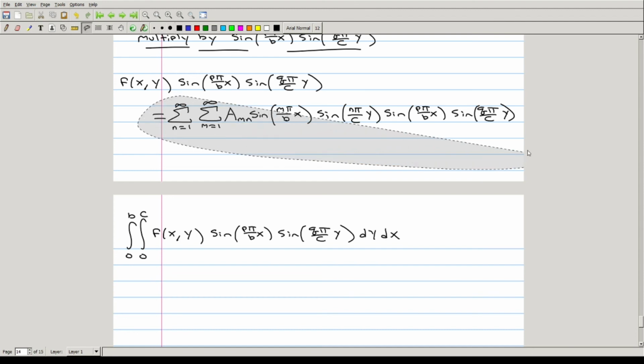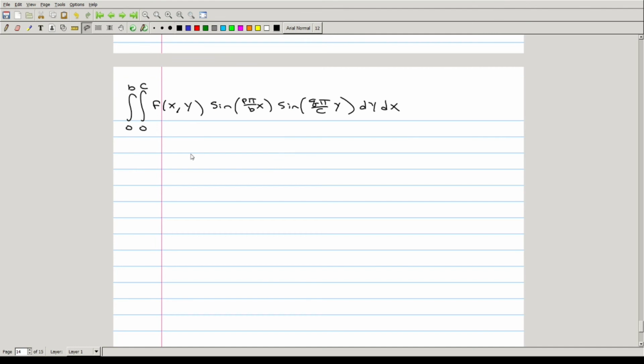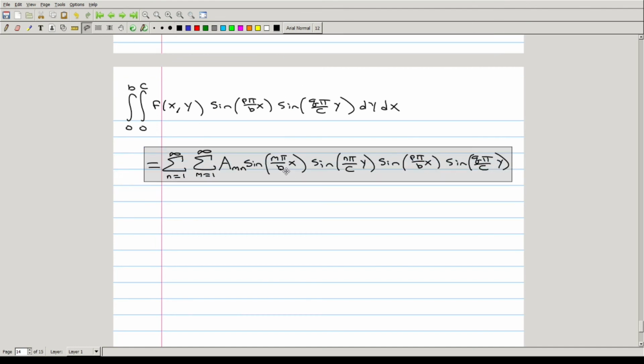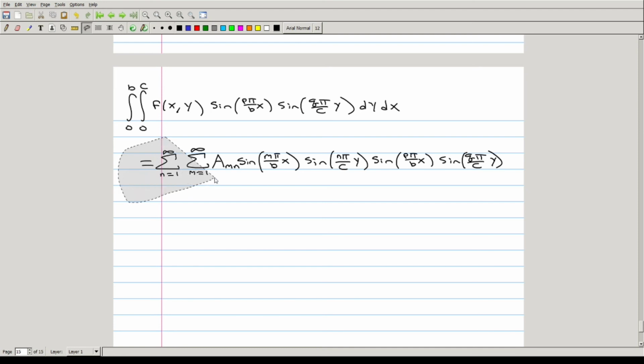And on the right hand side we get the infinite summation of a_mn times the double integral from 0 to b, 0 to c of this entire expression right here, dy dx.